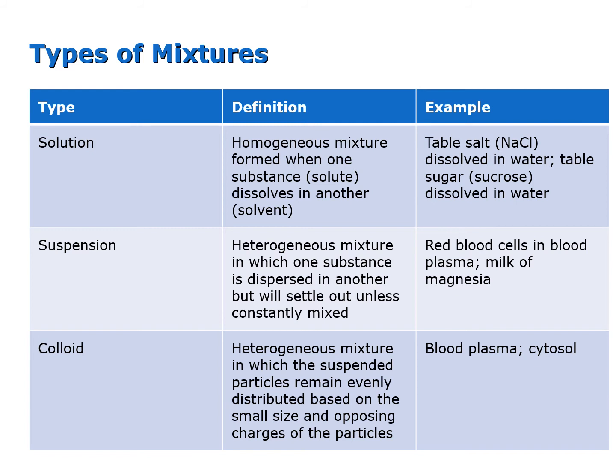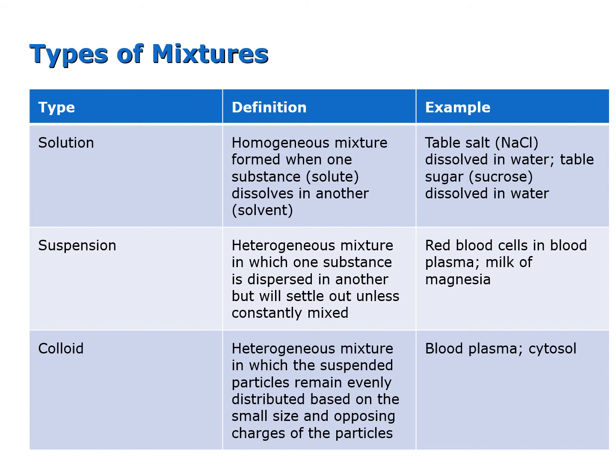Another type will be the suspension. Now, homo means equal or the same. The suspension is a heterogeneous mixture. Hetero means different. In this type of mixture, we have one substance that is dispersed in the other one. However, those two substances will separate.